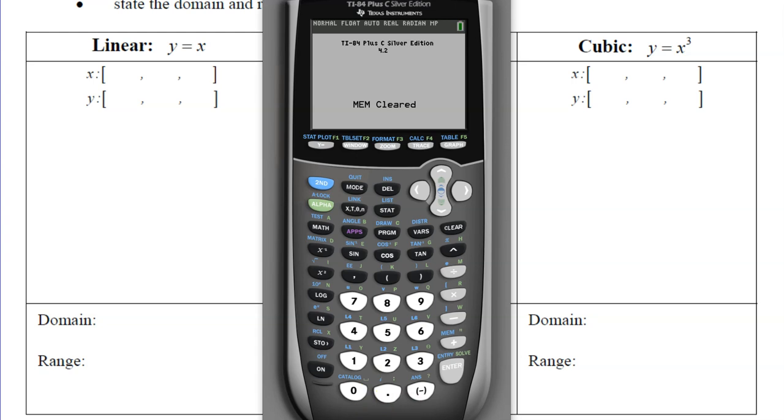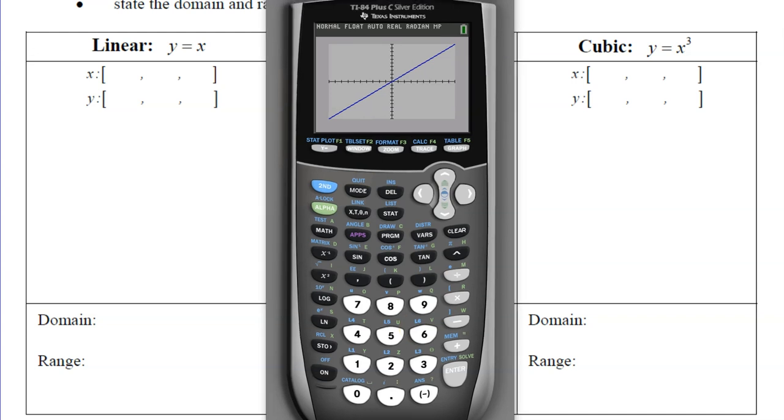Okay, so let's go to y equals, and we'll put in x. And the first time we put a function in, let's just take it to that standard window. So I'm going to go zoom 6 from -10 to 10. And we could say, well, that's really not a bad window for this particular function.